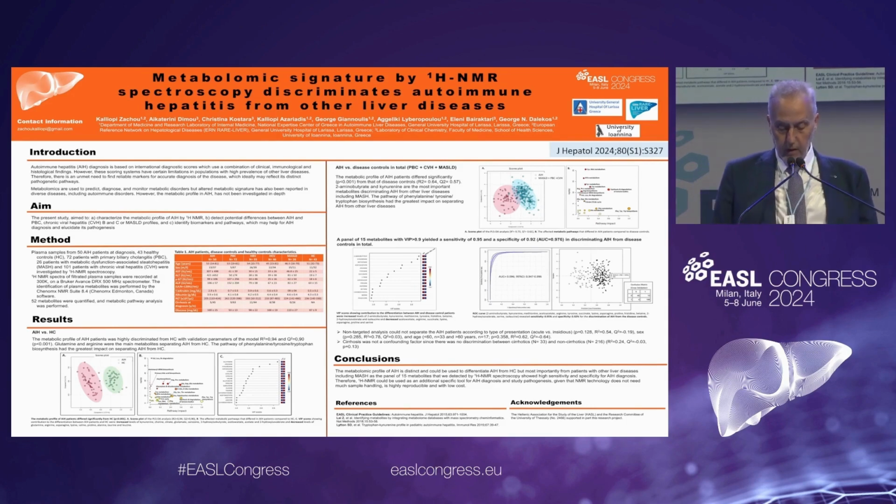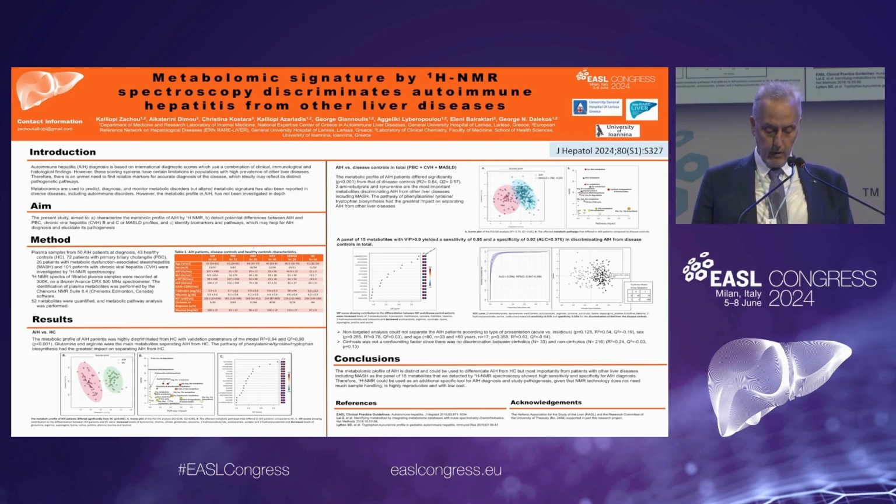In addition, the authors were able to identify 15 metabolites with 95% sensitivity and 92% specificity in discriminating autoimmune hepatitis from disease controls, concluding that proton NMR could be used as an additional specific tool for AIH diagnosis, but also to study its pathogenesis.